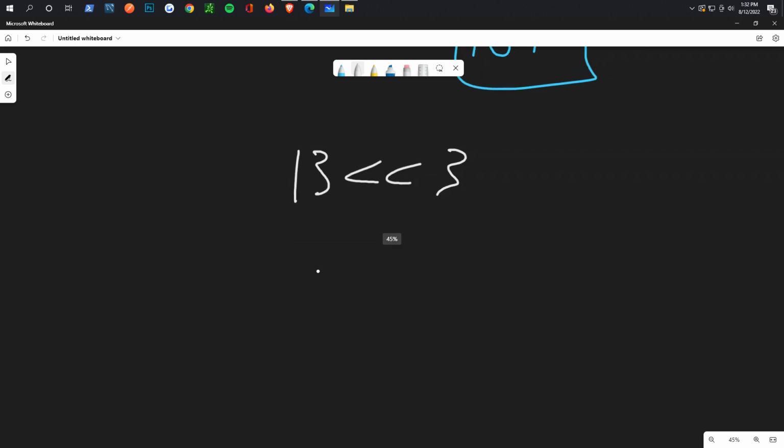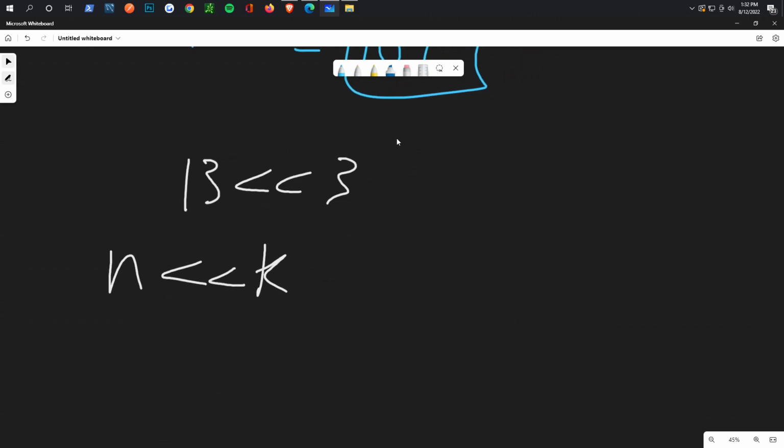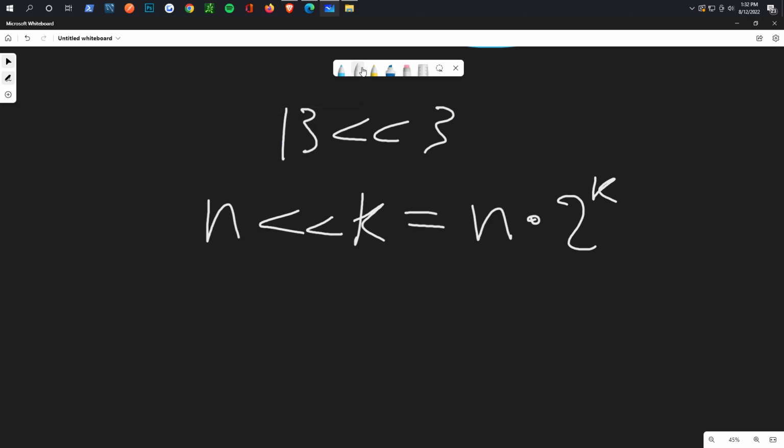The way I like to look at these is, when you have a left shift, a number n left shifted k times is equivalent to n times 2 to the k. So all you have to do is 13 times 2 to the 3.